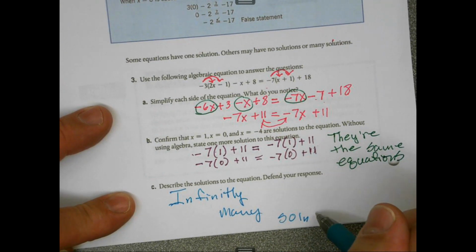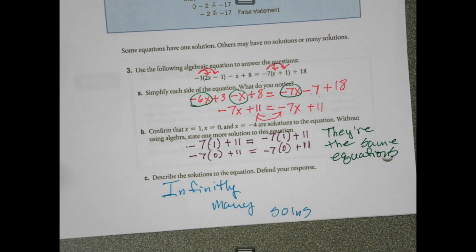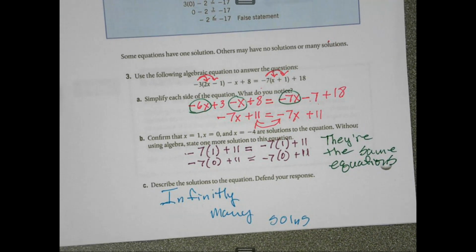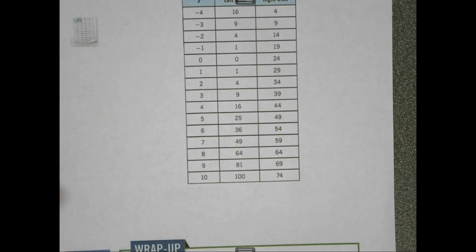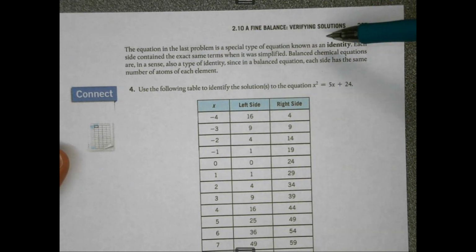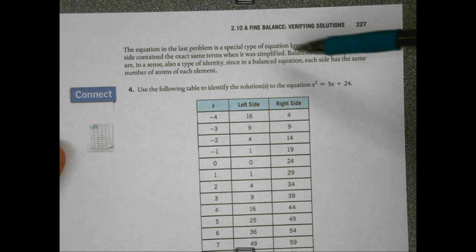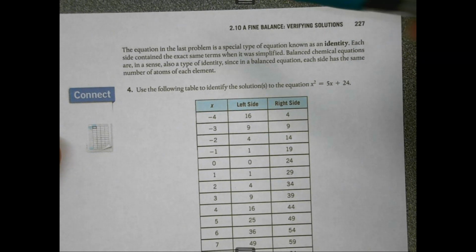Use the following table to identify the solutions to the equation x squared equals 5x plus 24. Well, the solutions are where these two are equal. Let's see.